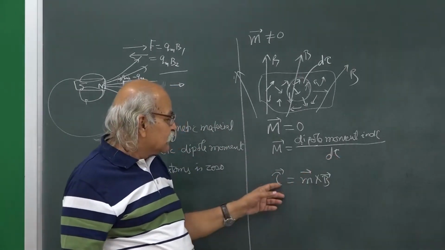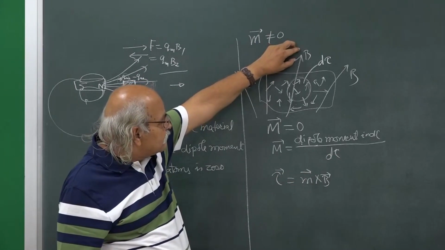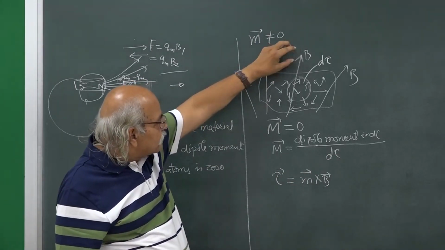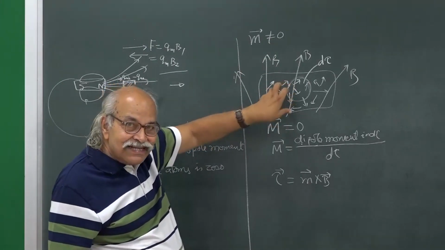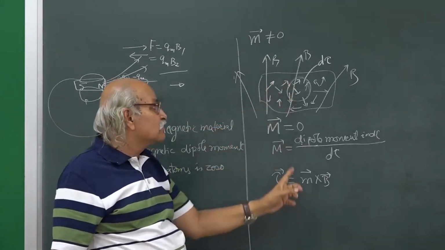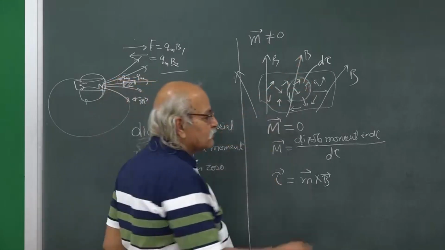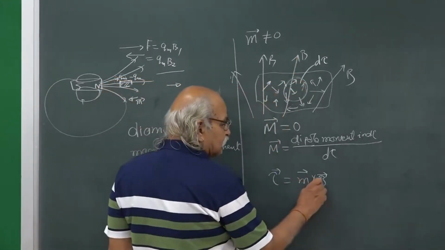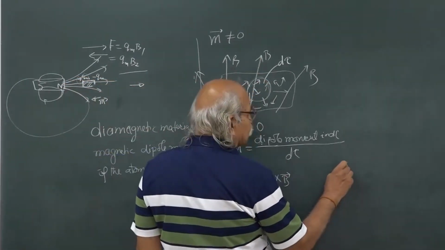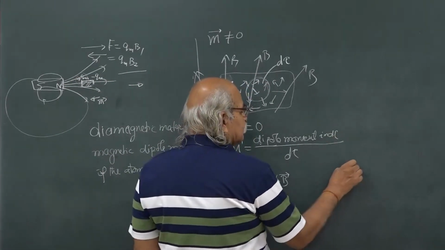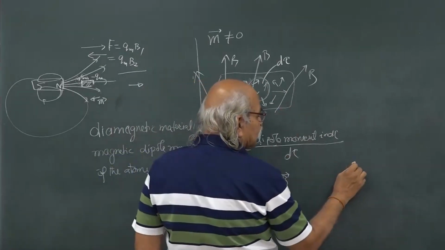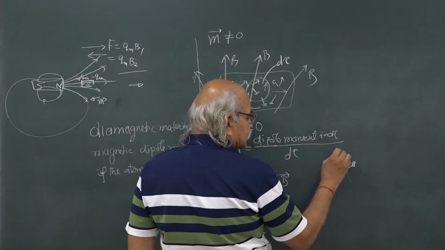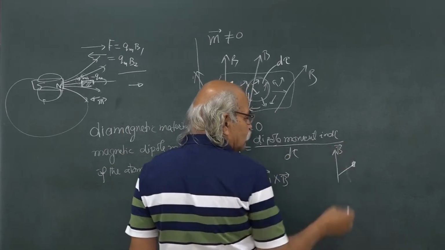So, remember that. This magnetic field will exert a torque on each of these atoms to reorient it towards this B. Remember that m cross B. If you take this as the direction of the magnetic moment for a particular atom, and this is B, right.